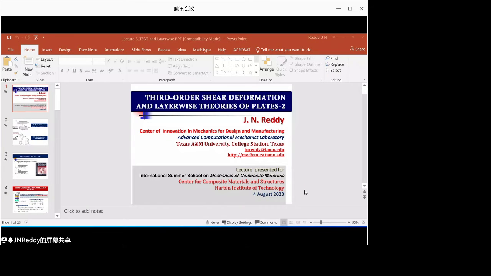One more question. In terms of computational efficiency, if I want to solve a composite problem, the simple way is, let's say, we use the classic laminate theory. If I want to get the stress in the thickness direction, what I can do is use a three-dimensional element for each layer.